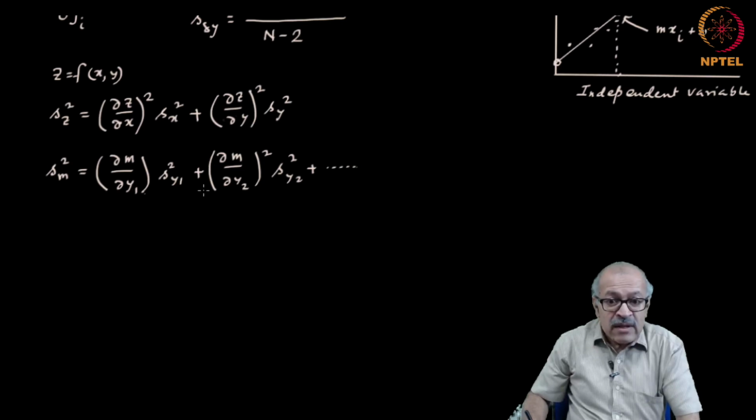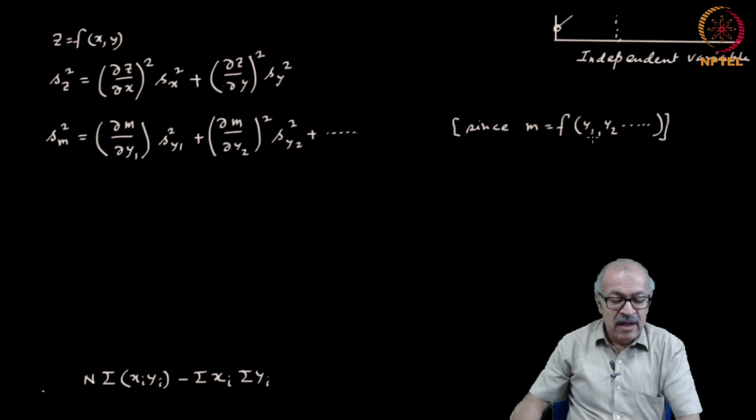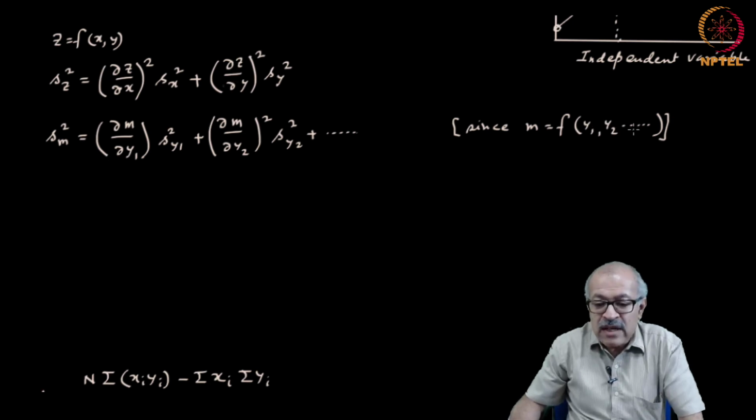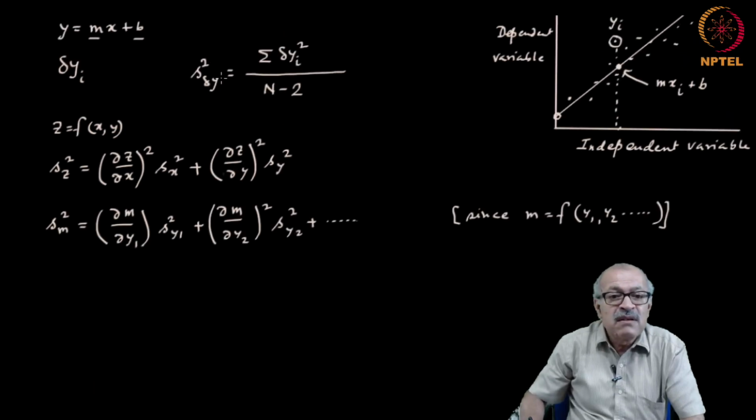Why? Because M is a function of y1, y2 and all those data points. Now the variances of y1, y2 and y3 are not actually different things. These are basically the same variance.